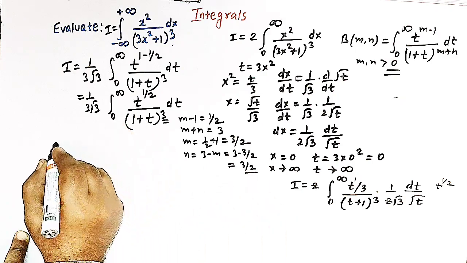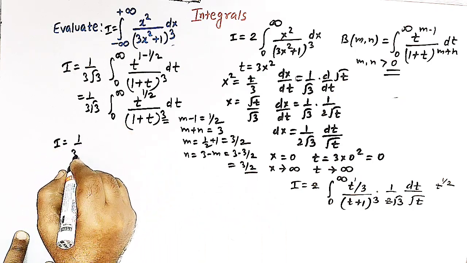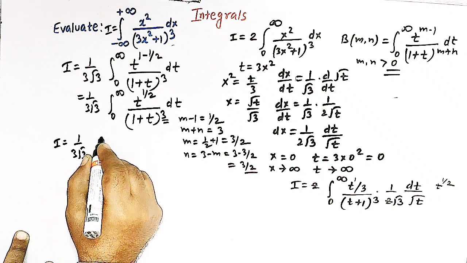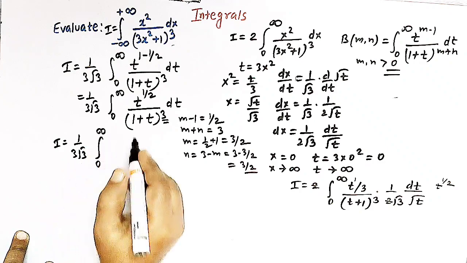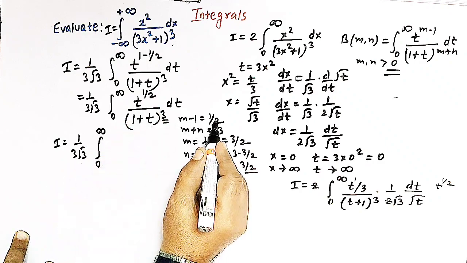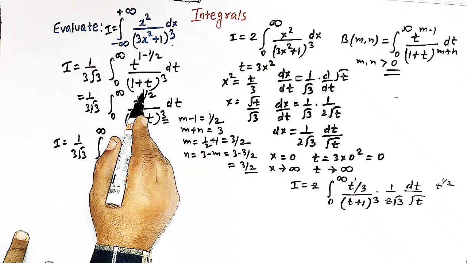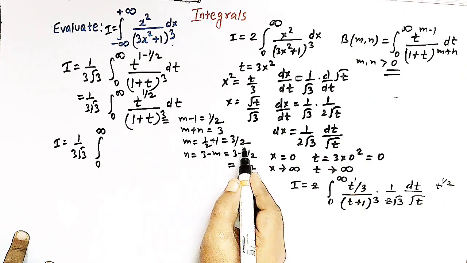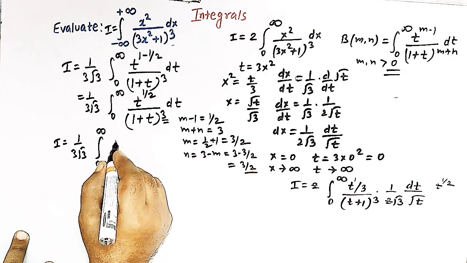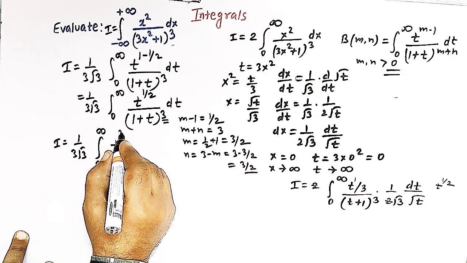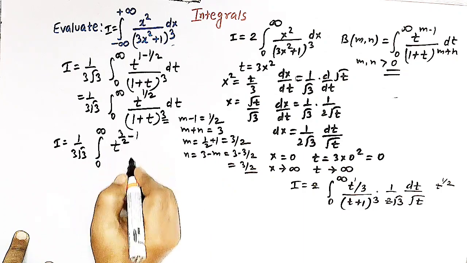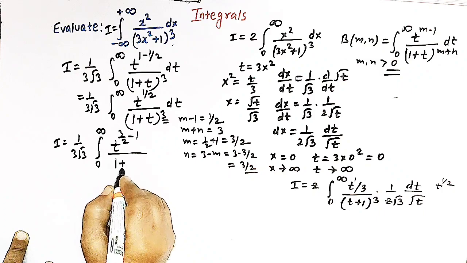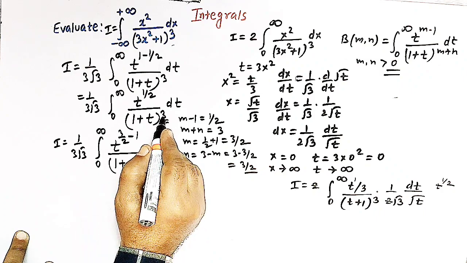So now we can write the integral I as 0 to infinity, and t raised to half, that is m minus 1, that is 1 over 2 is m minus 1, and m is 3 by 2. So we can now write t raised to 3 by 2 minus 1, and here we have 1 plus t raised to 3.